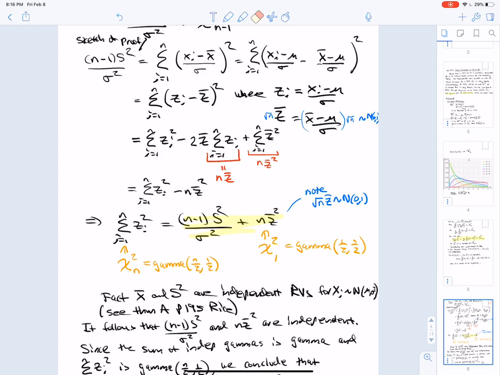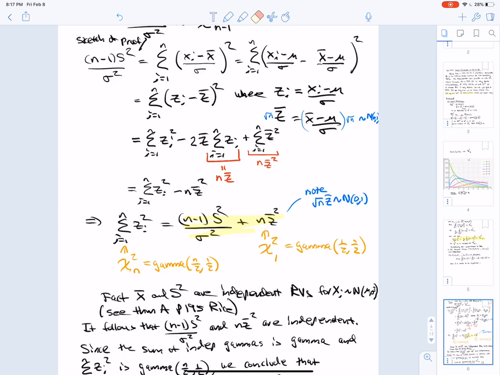So then we have the sum of the zi squares is equal to n minus 1 s squared over sigma squared plus n z bar squared. The sum of the zi squares is a chi-squared with n degrees of freedom by definition, and n z bar squared is a chi-squared with 1 degree of freedom because square root of n z bar is standard normal.